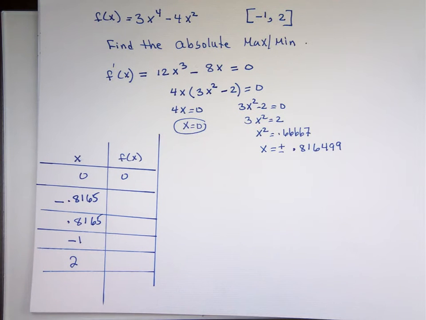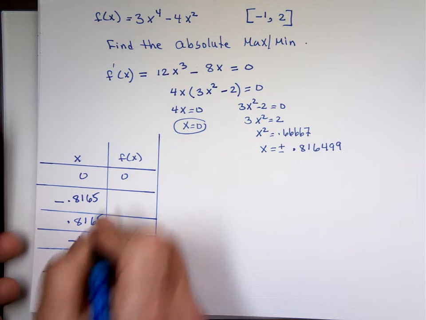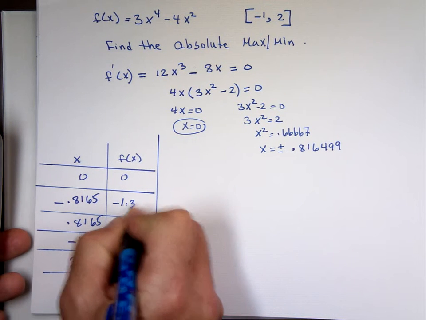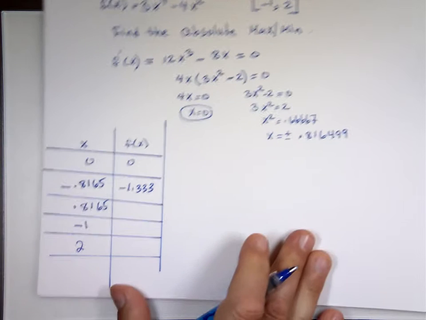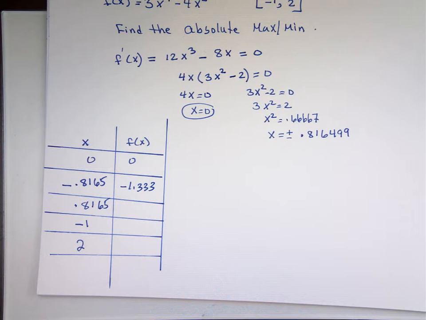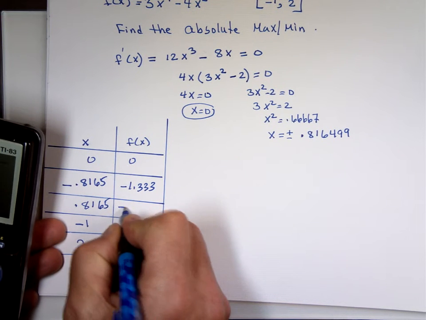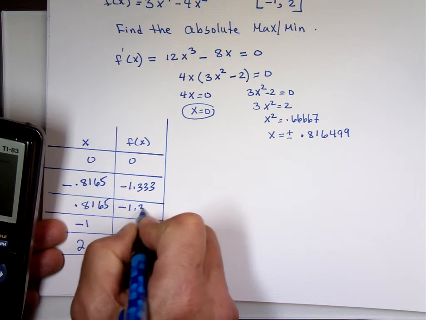When x is negative 0.8165, it's negative 1.333. When x is 0.8165 positive, that's also negative 1.333.